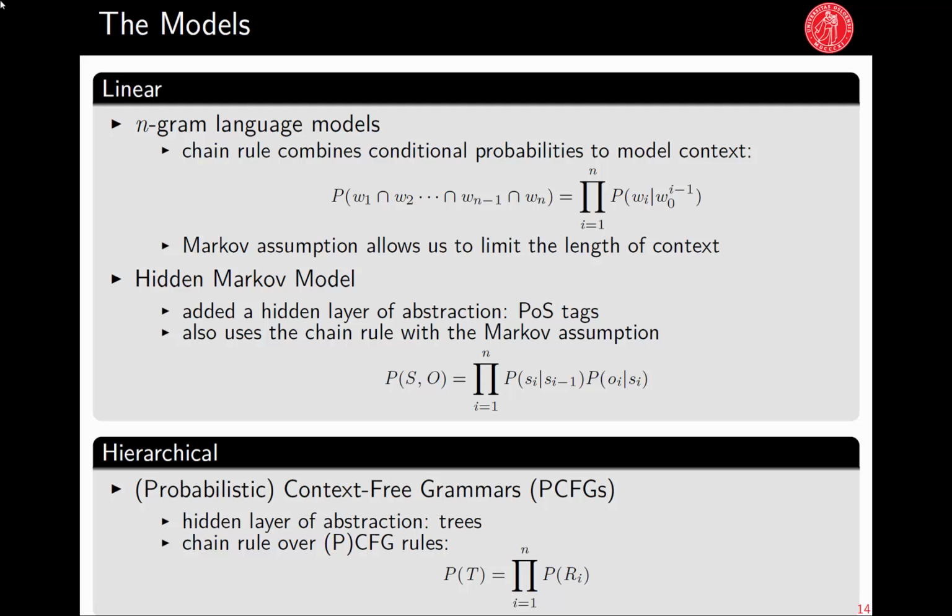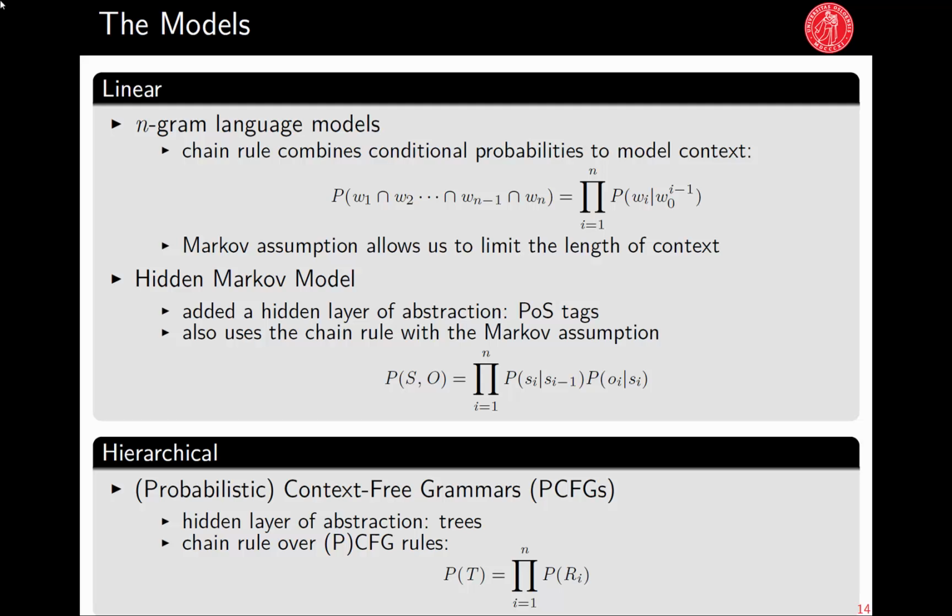So this linear hierarchical mode of organization will be on the next 2 or 3 slides. We had n-gram language models talking about probabilities of strings, and we model the joint probability of W1 to Wn as the product of conditional probabilities. And we apply the Markov assumption, limited context, to make that work in practice, to actually be able to estimate probabilities and to execute that computation.